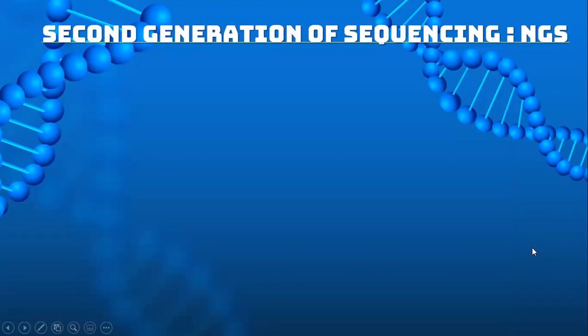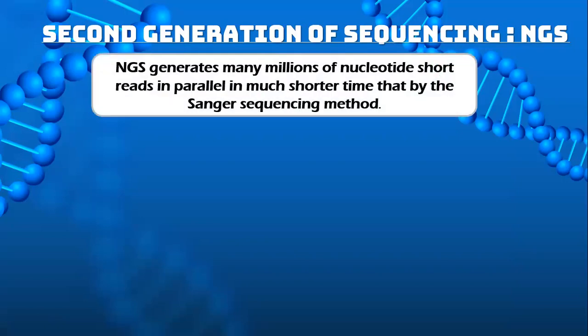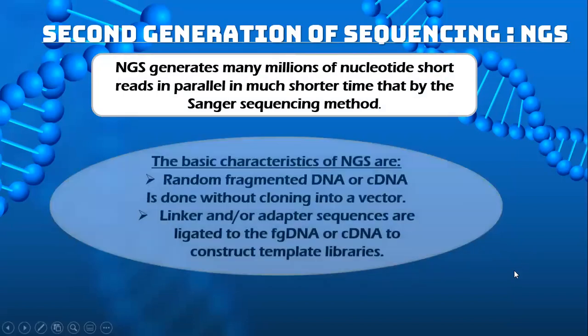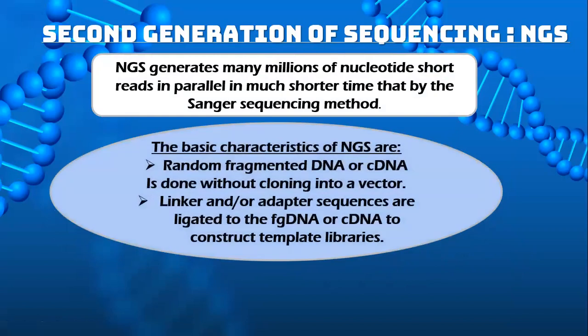So coming to the second generation of sequencing, it's also called next generation sequencing. NGS generates many millions of short nucleotide reads in parallel in much shorter time than the Sanger sequencing method. The basic characteristic of NGS is that the random fragmented DNA or the cDNA, which is reverse transcribed from the RNA, is used without the need for cloning into a foreign host cell.